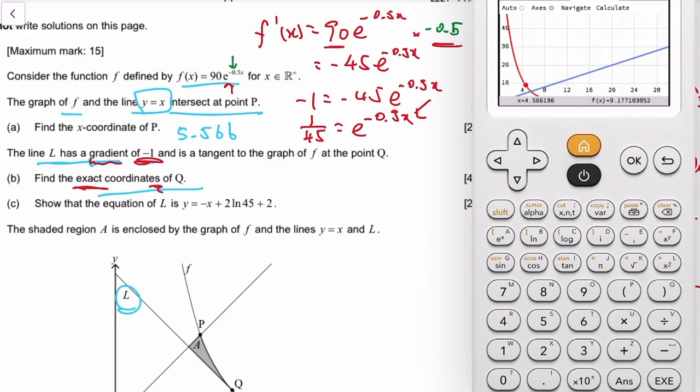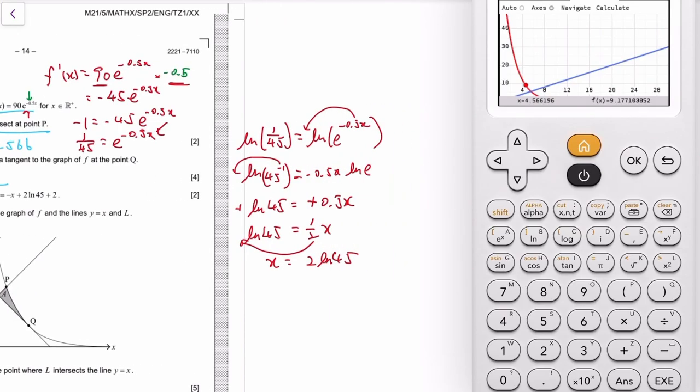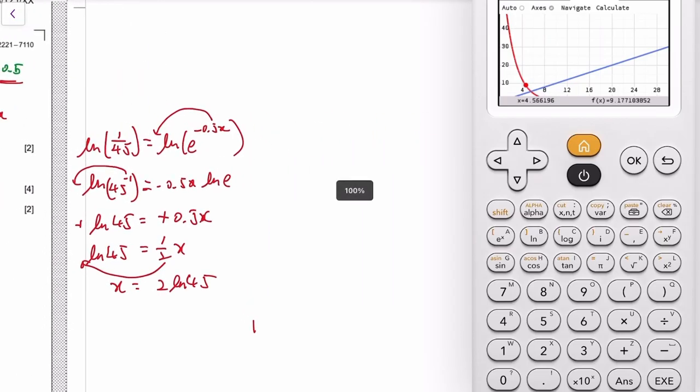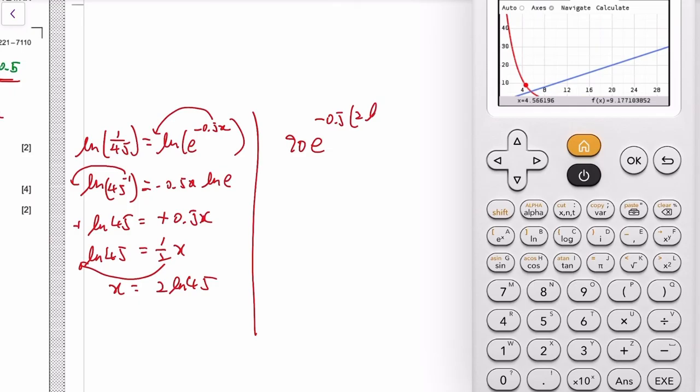Coordinates, so I want the y coordinate as well. We'll plug x into the original function. So we get 90 e to the negative 0.5x, where x is 2 ln 45. So again, 0.5 is half, cancel off the 2, the minus 1.